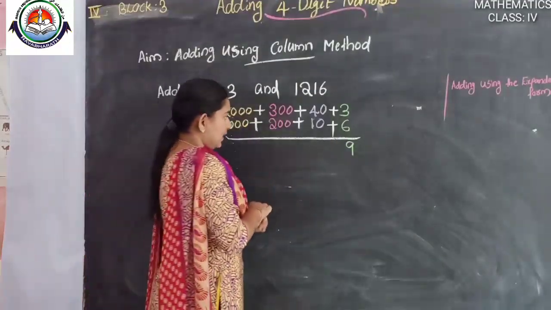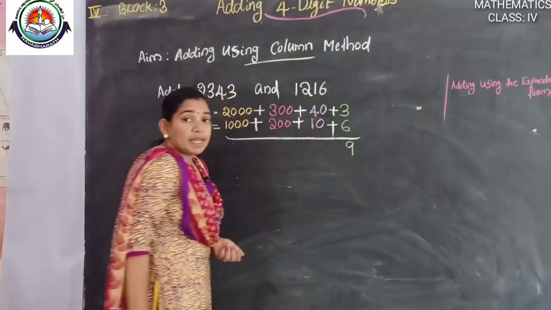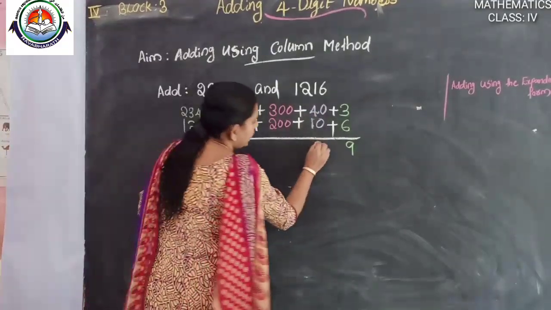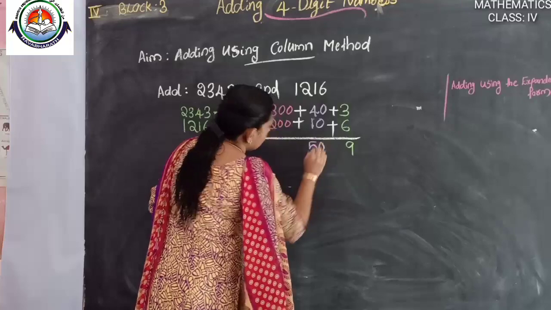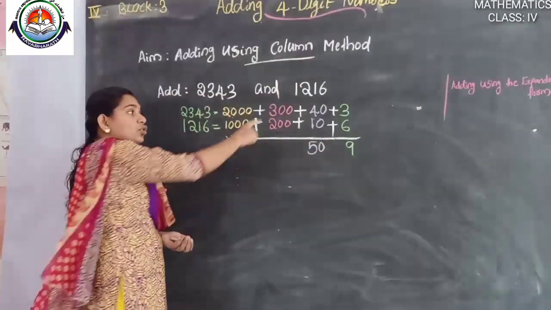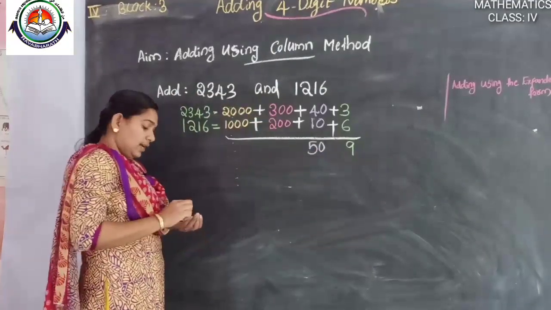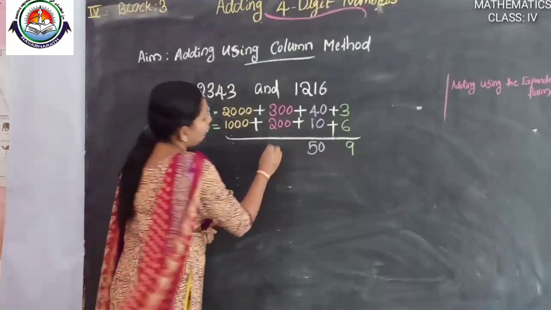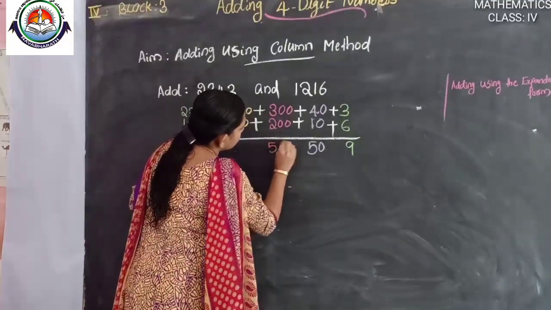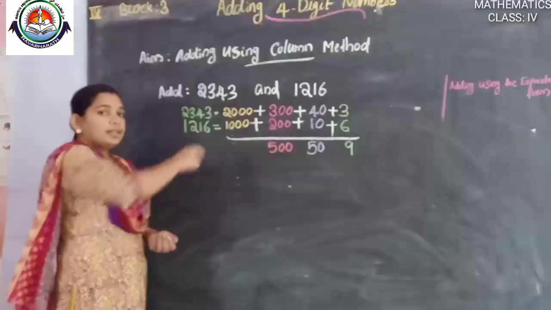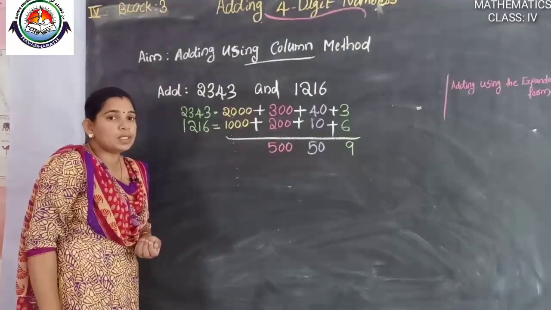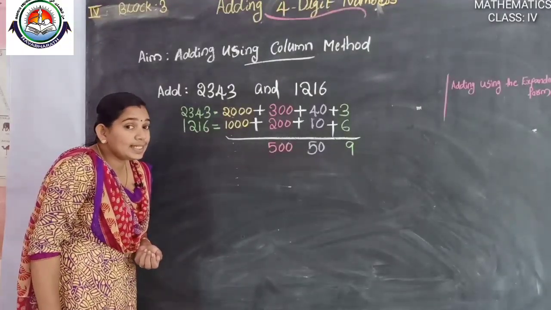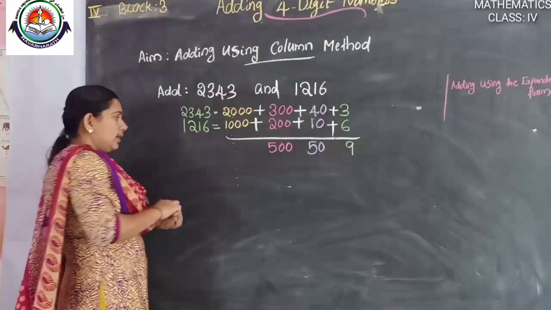Then tens place. 40 plus 10, 50. Then hundreds place. 300 plus 200. What is that? 500. Then thousands place. 2000 plus 1000. Yes? 3000. Good.